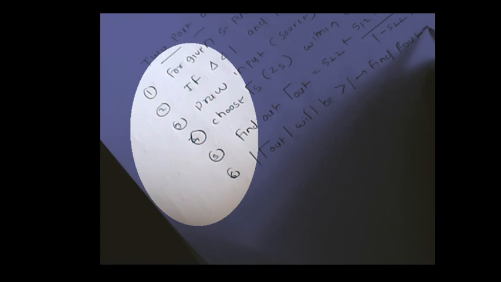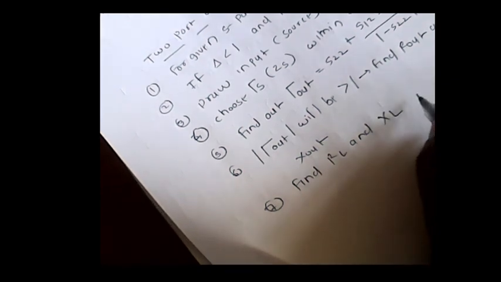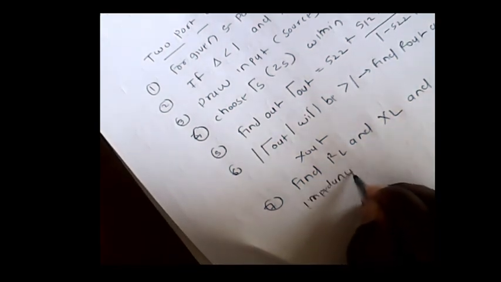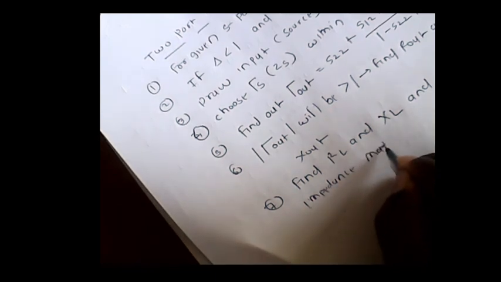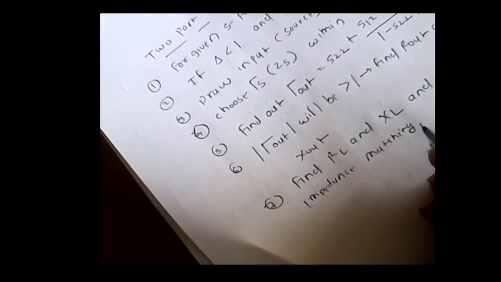Then find R out and X out, and seventh, find RL and XL, and then design the impedance matching network.